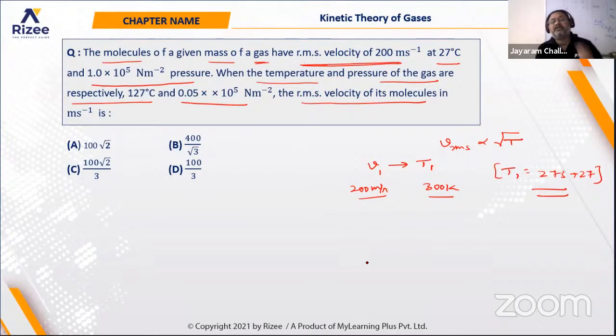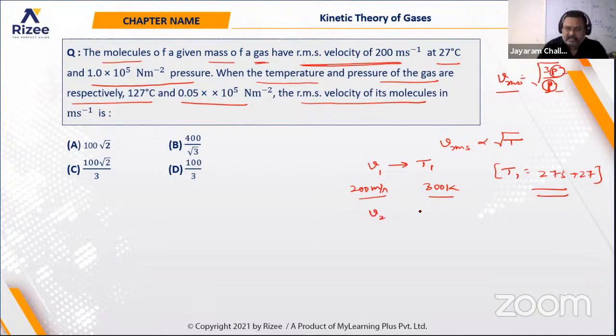The pressure doesn't have any impact here, because in the RMS velocity relationship we just wrote 3p by rho. When pressure changes, the density will also change correspondingly, so the ratio p by rho doesn't have any impact on the RMS velocity. So we are better off going for the temperature.